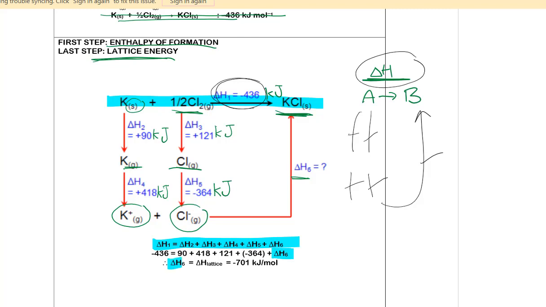So, delta H6 is equal to delta H lattice. So, kita akan dapat jawapan negative 701 kilojoule per mol. So, untuk lattice, dia punya unit adalah kilojoule per mol. Dan dalam Born-Haber cycle, lattice energy kita akan dapat negative value sebab dia refer kepada formation. Kalau dalam dissolution process, dia adalah positive value lah.